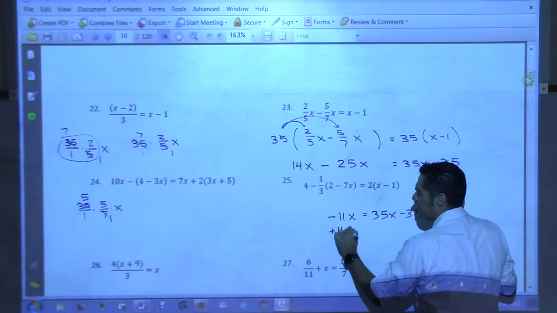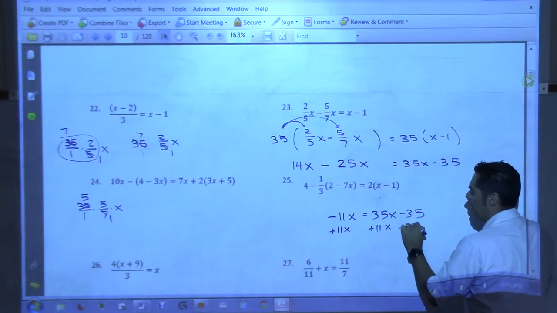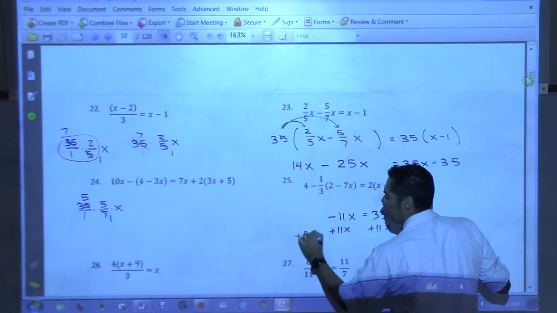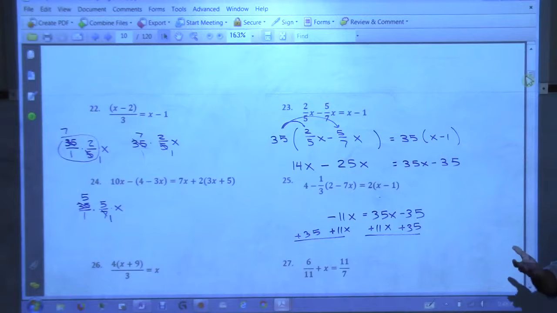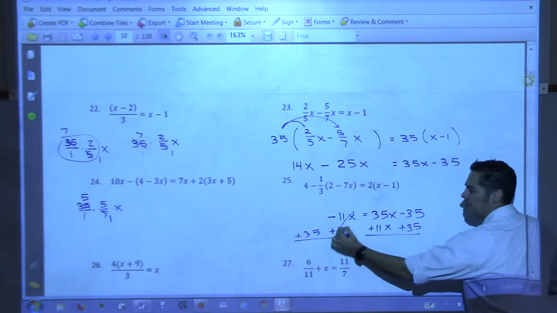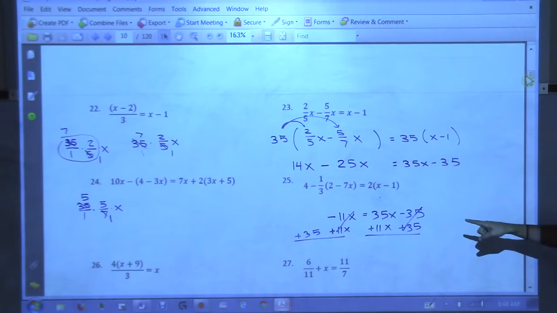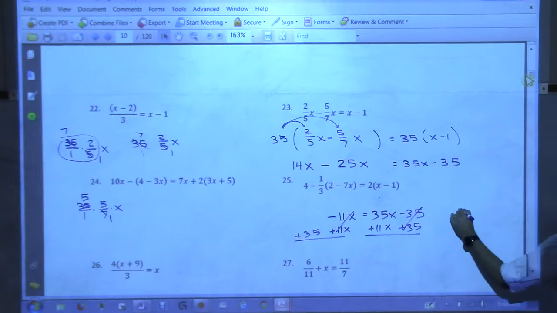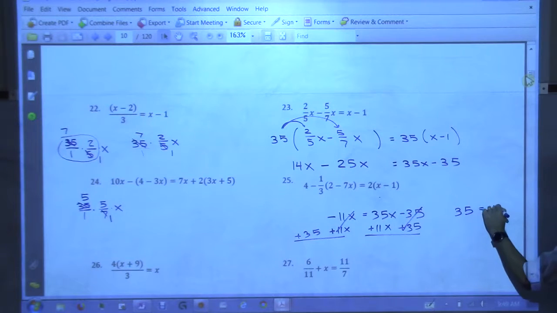If I add 11x here, add 11x here, and then add 35 and add 35, what would happen? It's kind of like I'm doing two steps at once here. These would cancel, right? These would cancel. And the left side would be what? 35. And the right side would be 46x.